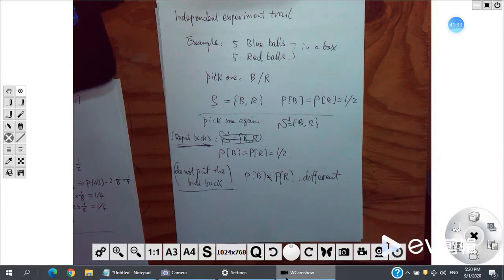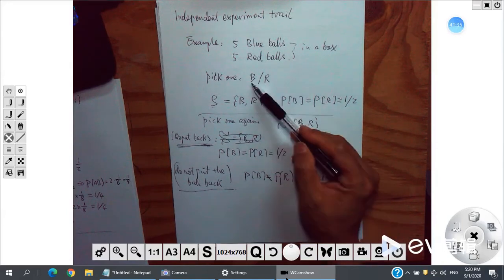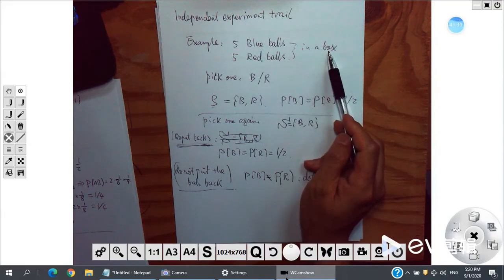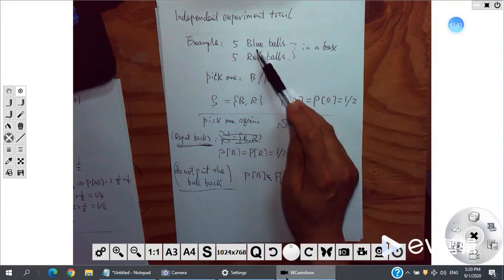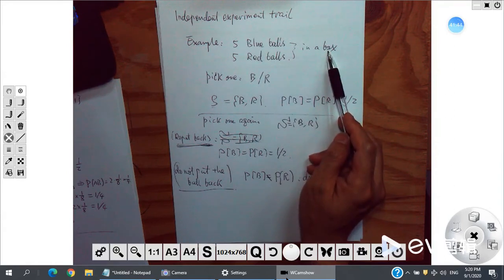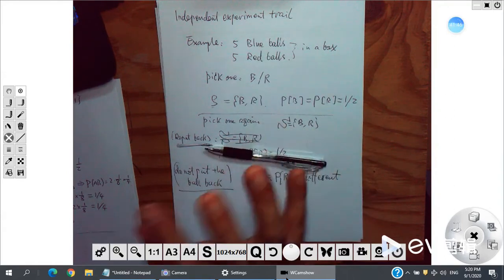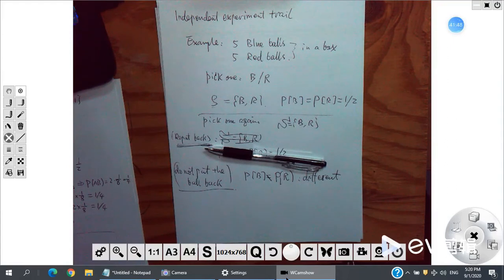If you have a blue bar the first time, then that means you only have 4 blue bars left in the box. So next time when you pick the bar again, you will have less chance to get a blue bar.